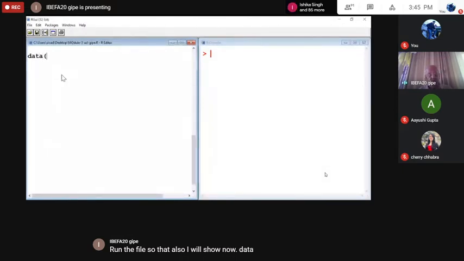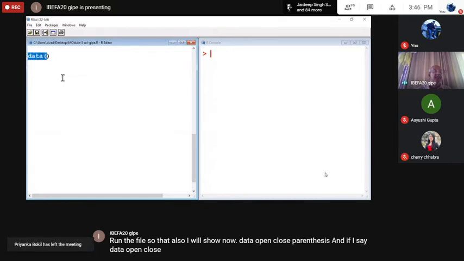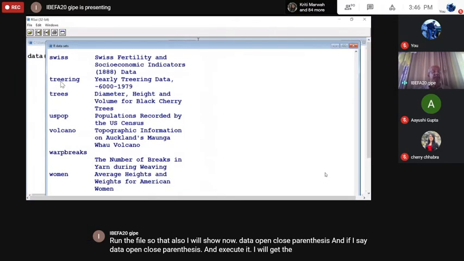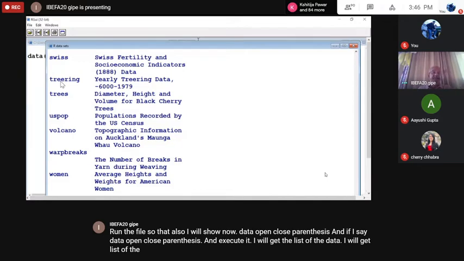data(), open close parenthesis. If I say data() and execute it, I will get the list of the datasets.